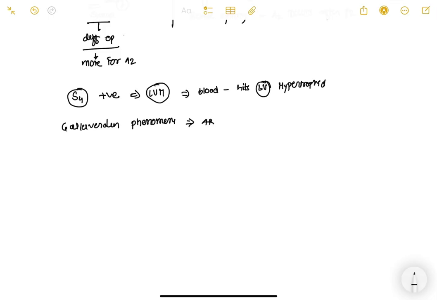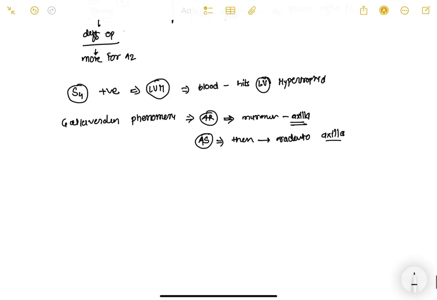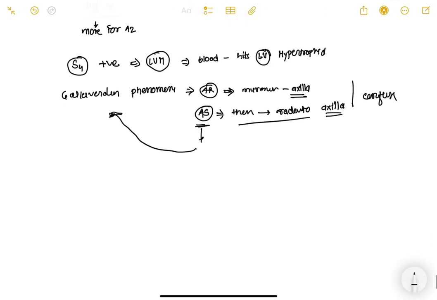In aortic regurgitation, the murmur radiates to the axilla, and similarly in aortic stenosis there is a murmur that radiates to the axilla. So these two can be confused. So the murmur that occurs in AS is called Gallavardin phenomenon, which can be confused with aortic regurgitation.